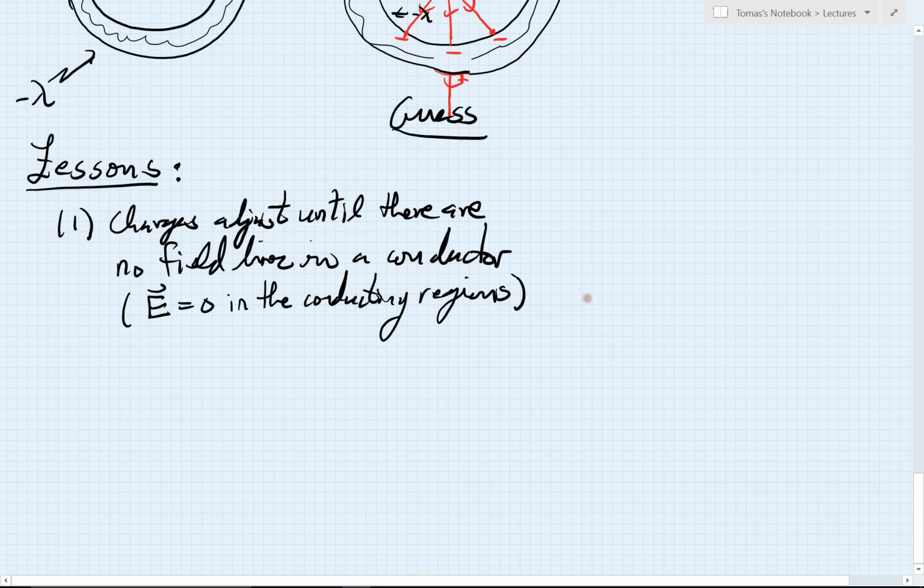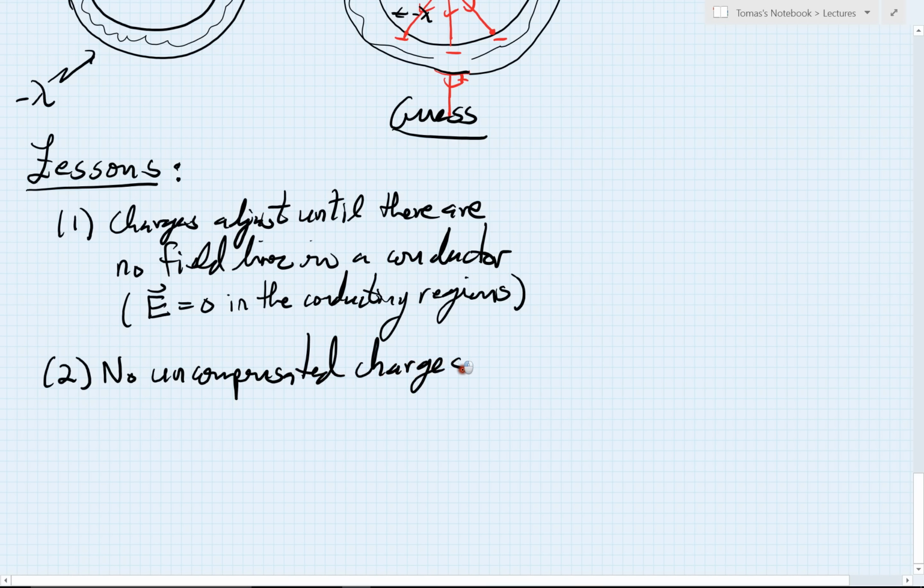The second rationale that we gave in coming to our final conclusion is that there can be no uncompensated charges, and I'll define what I meant by uncompensated in a moment, in conducting regions. Mathematically, I'm saying that the charge per unit volume anywhere inside a conductor equals 0.